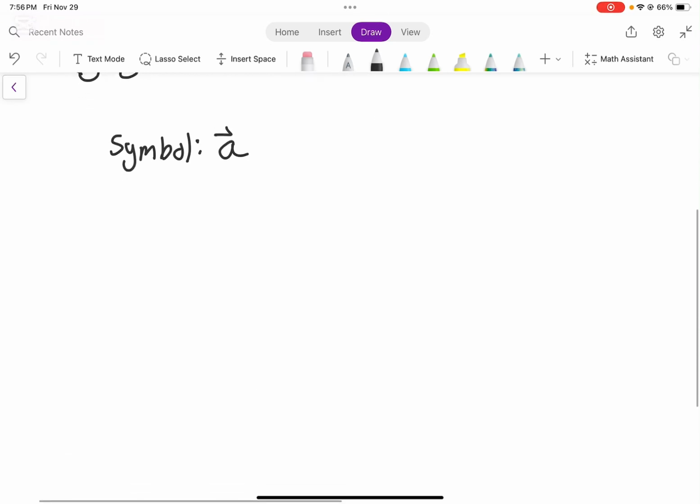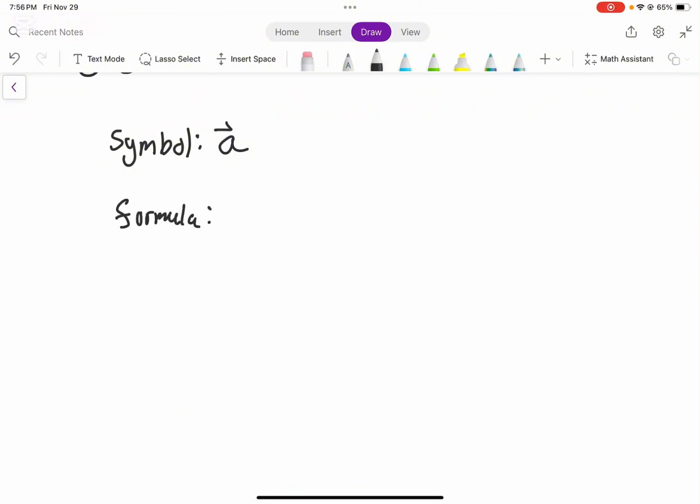So the formula that we're going to use for acceleration is A vector is equal to v2 vector minus v1 vector over delta t.